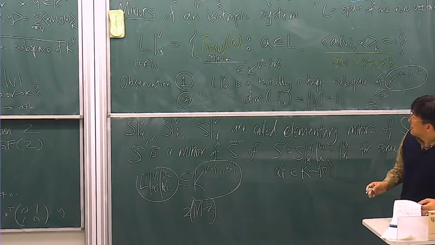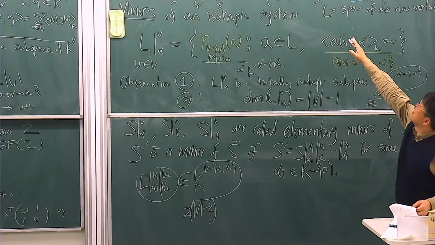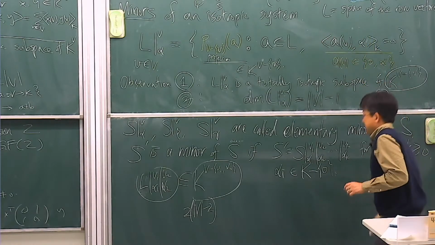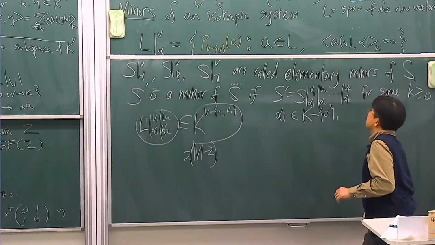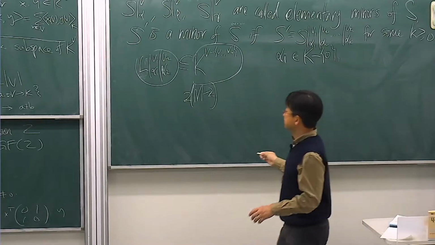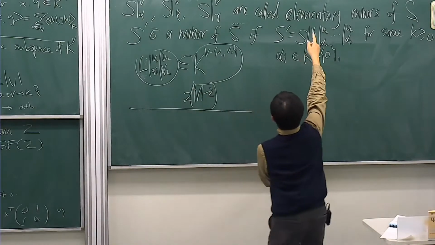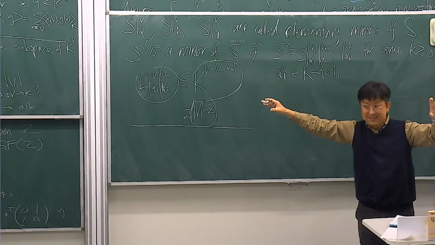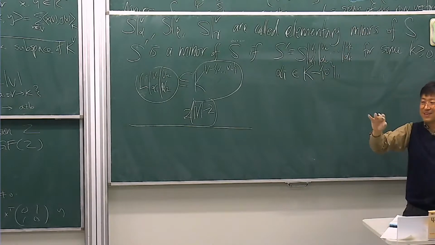Now, there's the graph example. Let me name it. In that example, we have two vectors. One is alpha, alpha, alpha, alpha, alpha, and the other is beta, beta, beta, beta, beta.